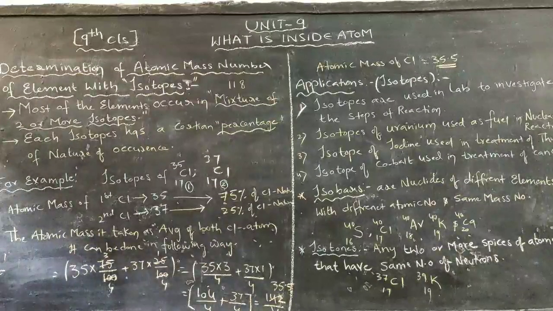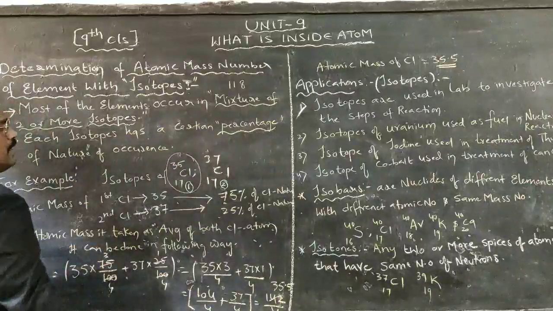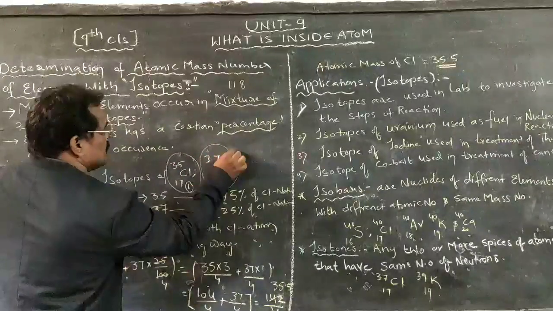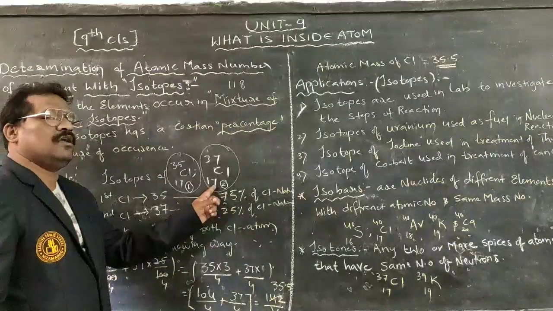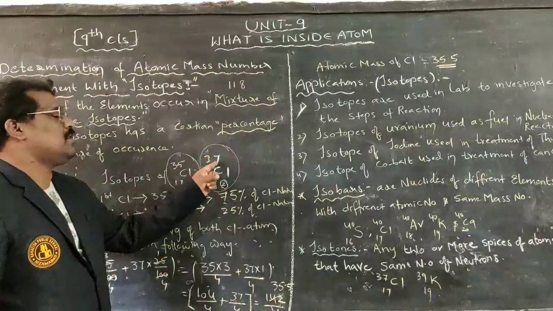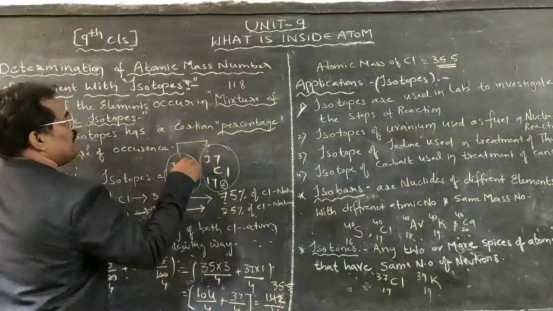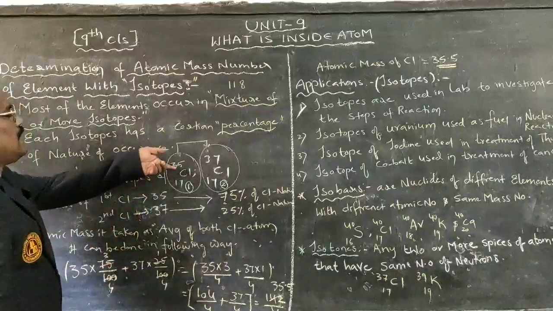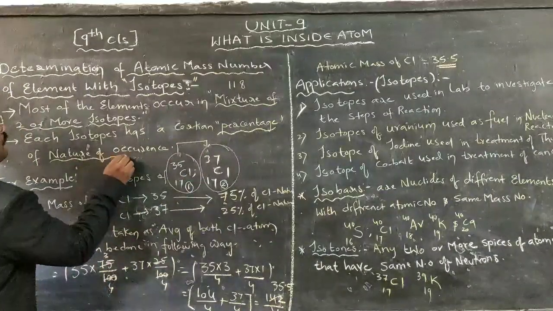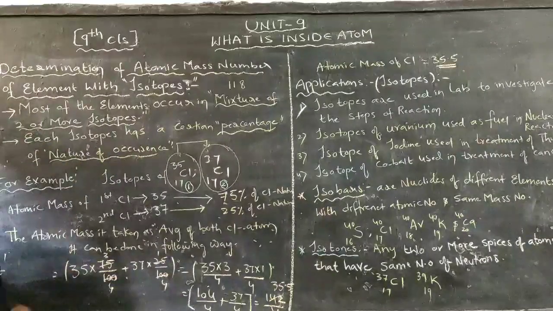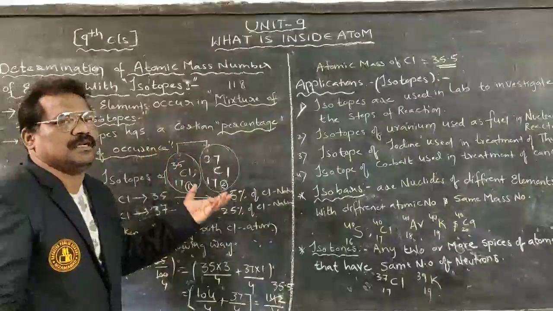Here, I have taken one isotope of chlorine, and another isotope of chlorine, whose atomic number remains the same while the mass number varies. Each has a certain percentage of occurrence in nature.